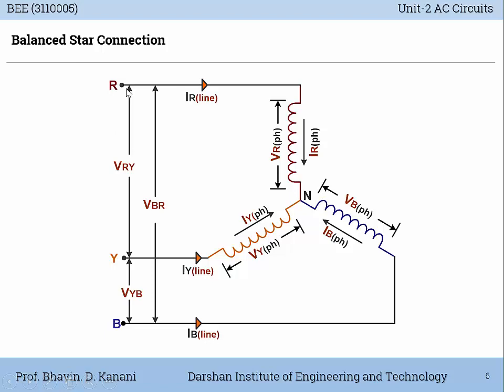Now in the line voltage, let's say between R and Y, VRY, that is the line voltage. Now in line voltage circuit from R to R winding, Y phase winding and Y. So this line voltage considers two windings in a series in this network, whereas the phase winding only considers a single winding component. Let's say for R phase winding, that is a single winding between R and neutral. Same way for others.